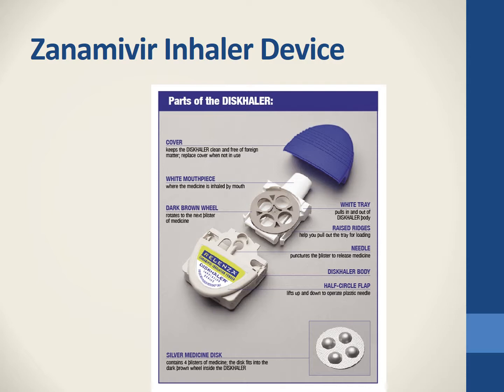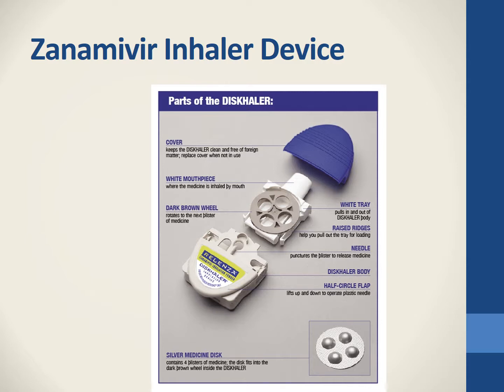So when you slide that medicine disc into the inhaler, so into the tray essentially where that dark brown wheel is, you insert that then into the device, and then one of the blisters is punctured by a needle, and that releases the medicine so that the patient can inhale it through the mouthpiece.